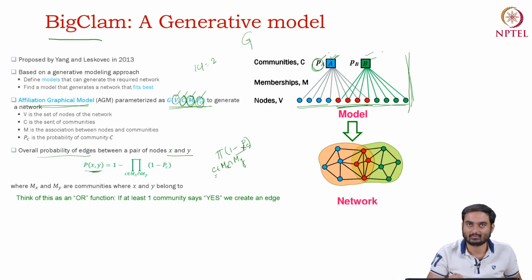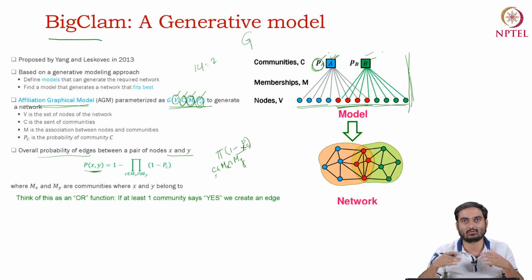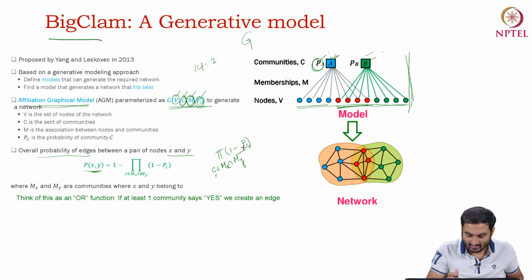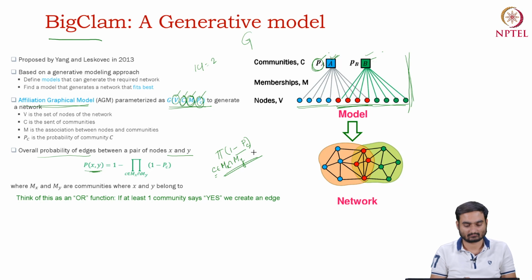So, 1 minus PC will tell you the probability that they are not connected via C. And then you multiply these probabilities. You see this big multiplication symbol here, which says what is the total probability that X and Y are not connected through any common community.